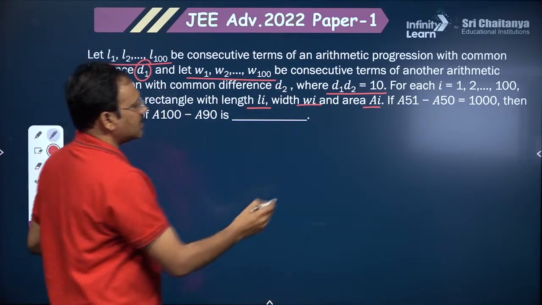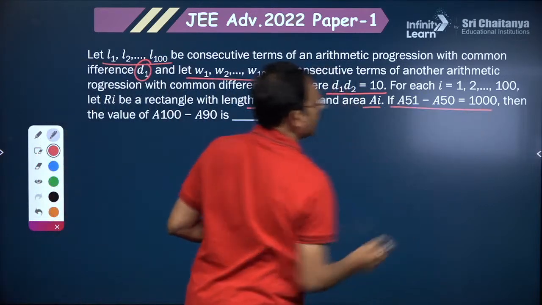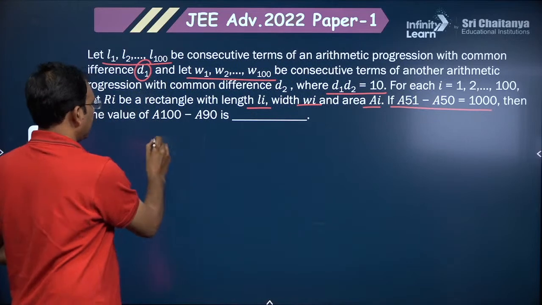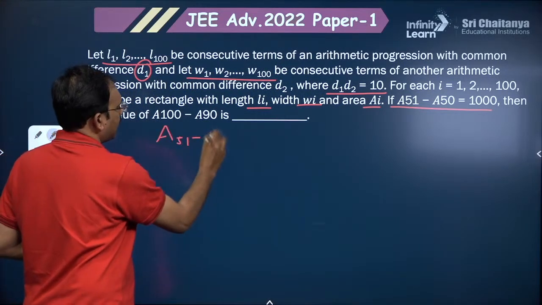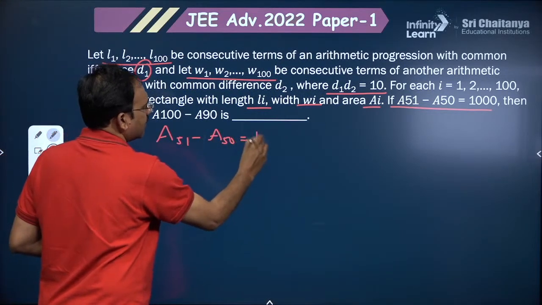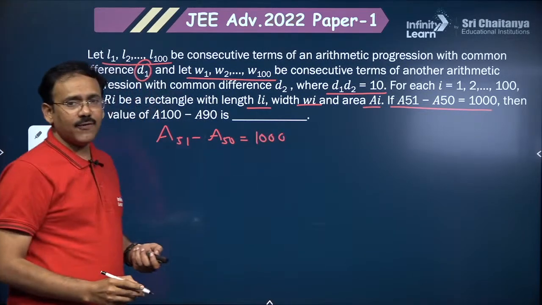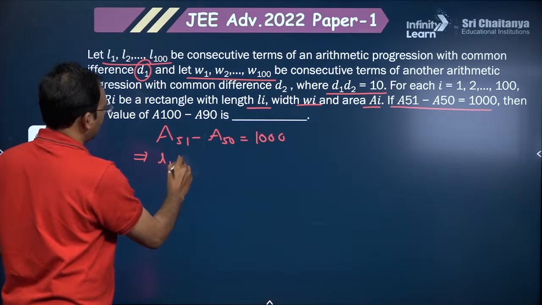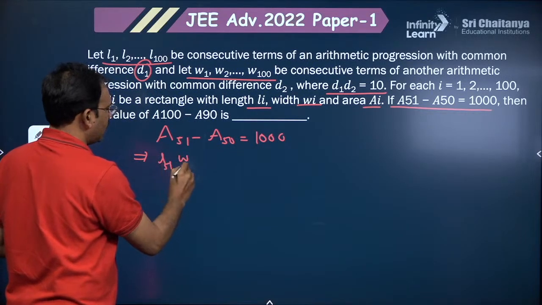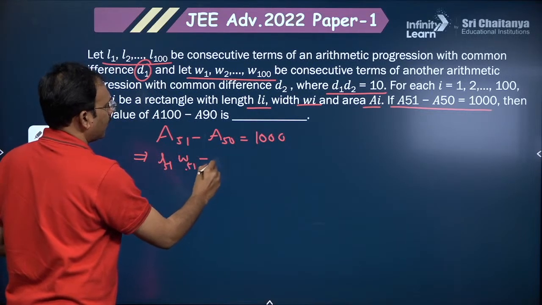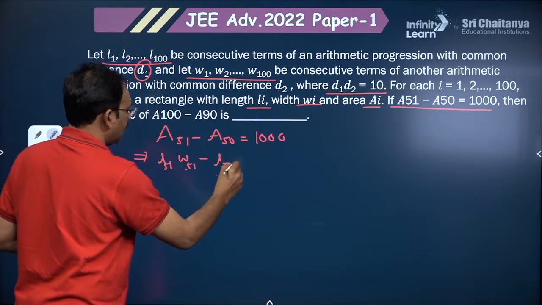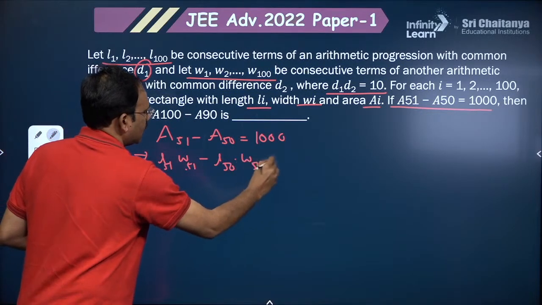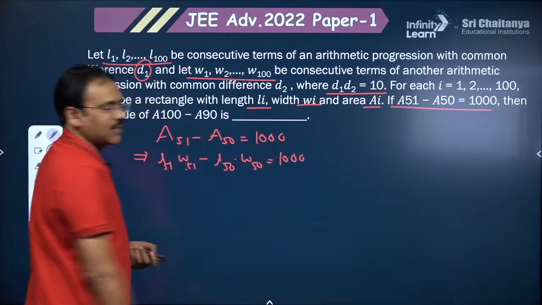So the first condition given is A51 minus A50 is 1000. A51 minus A50 is given as 1000. So A51 stands for area, that means L51 W51 minus L50 W50 is given as 1000, right?